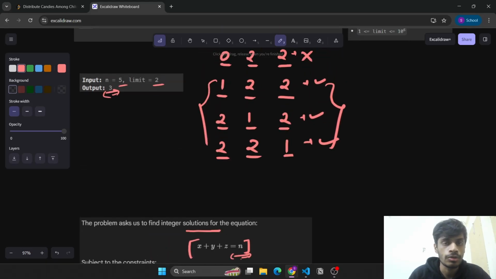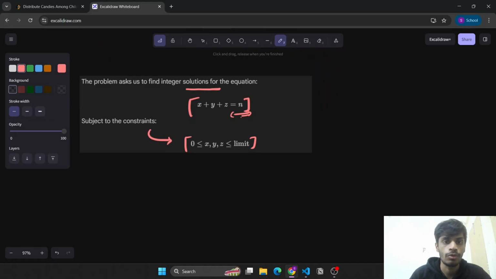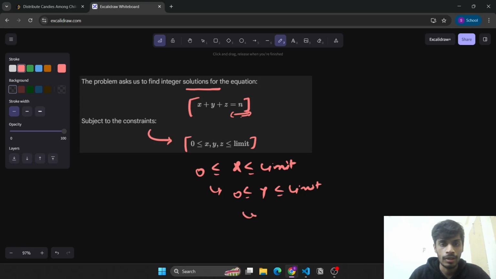The brute force way for this problem would be to fix x, which can go up to limit, so x is less than or equal to limit. Then we can fix y as well, and then we easily get z, which will be n minus (x plus y), n minus the number of candies that we have already given.